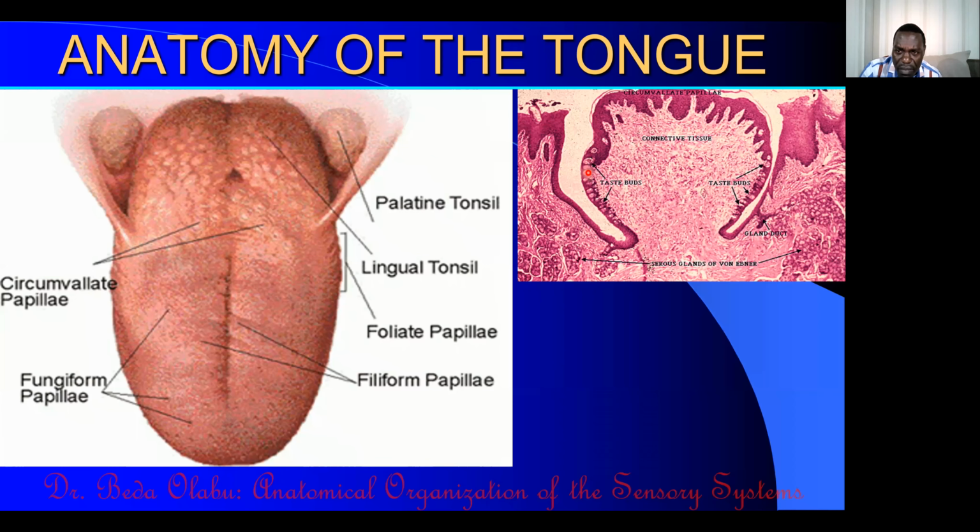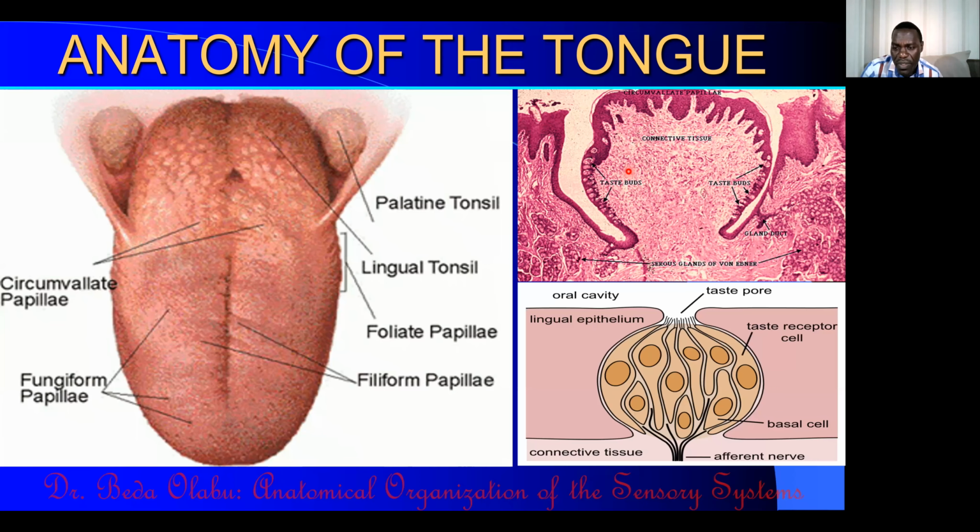Those white ovoid structures, tiny, which we call the taste buds. So the papillary systems of the tongue contain taste buds adjacent to the grooves. A taste bud will look like this, and if drawn, the taste buds are the receptors for taste.